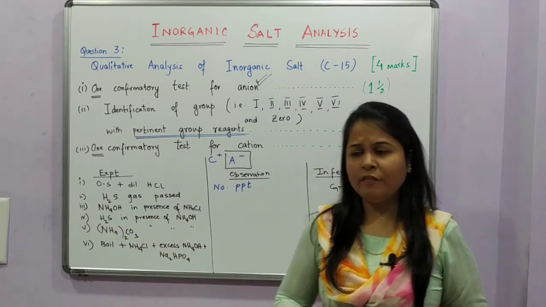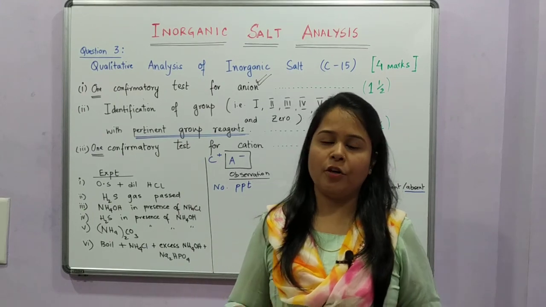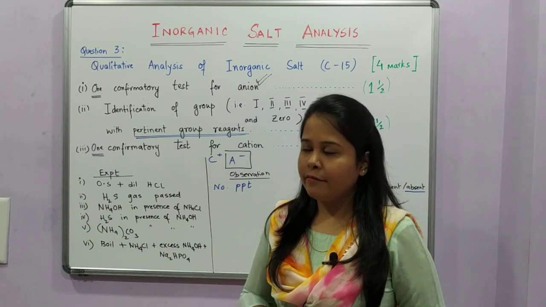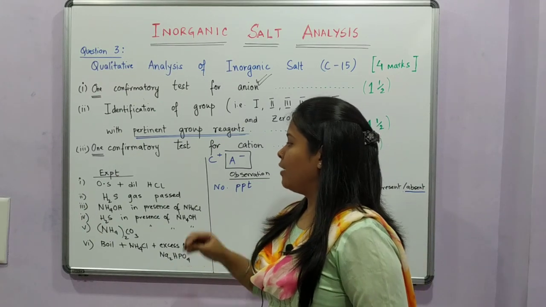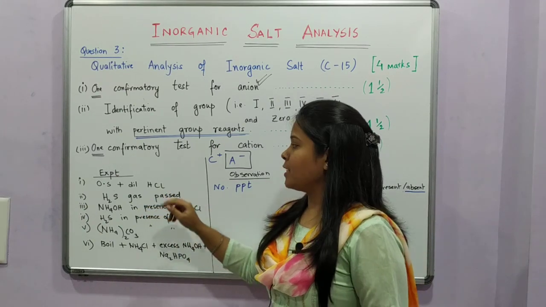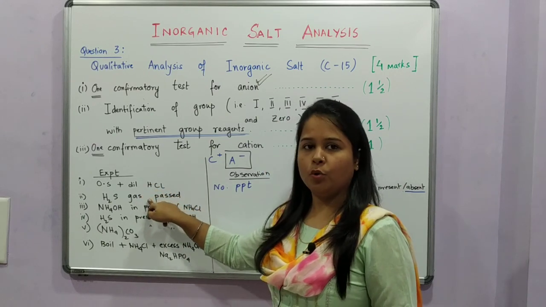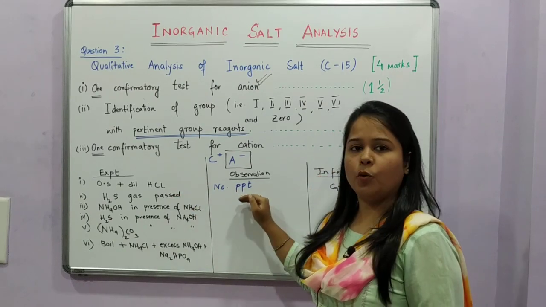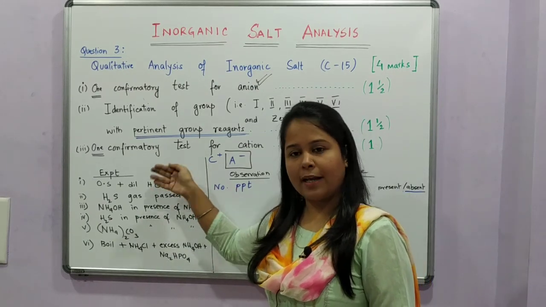Now, when we are actually performing in the laboratory for our examinations, I would suggest what we have commonly seen. Whenever you do group 1 and group 2, you take OS, dilute HCl. Group 1 analysis and group 2 analysis can go simultaneously.